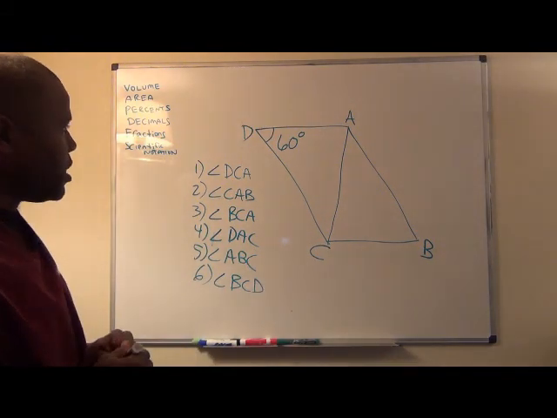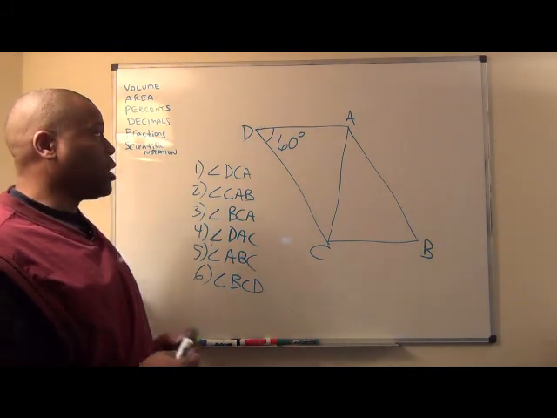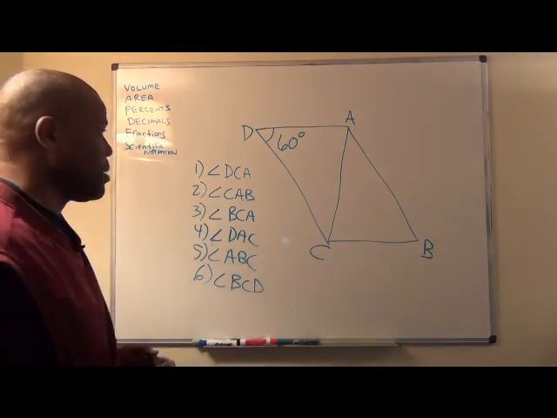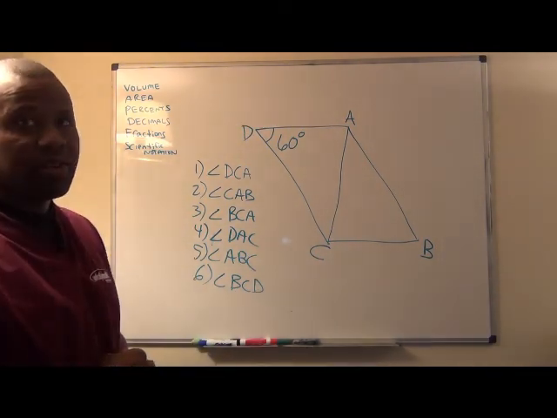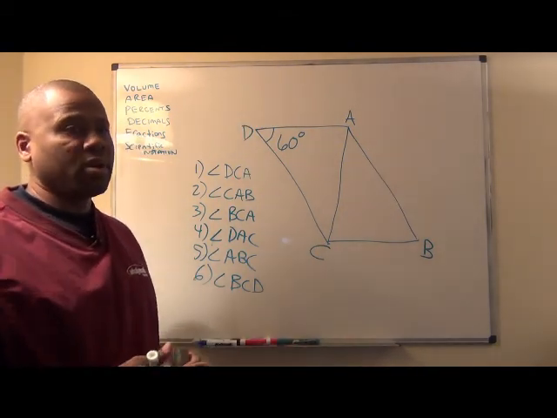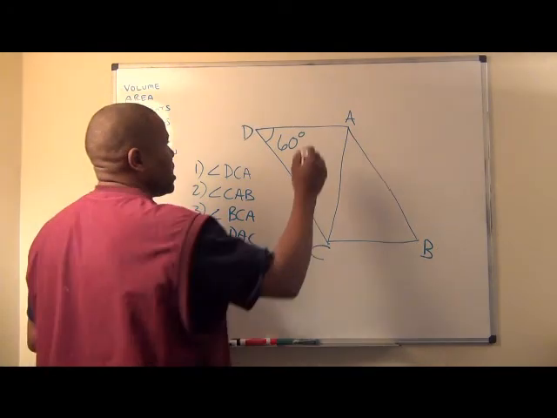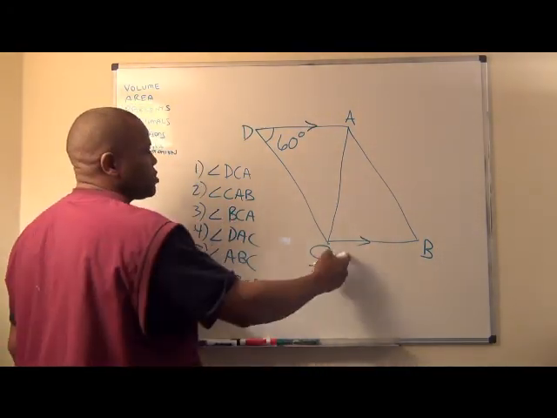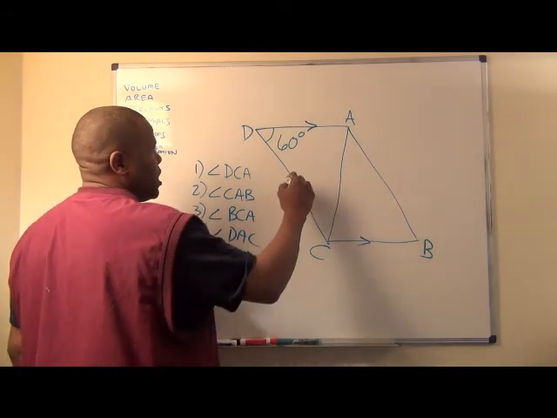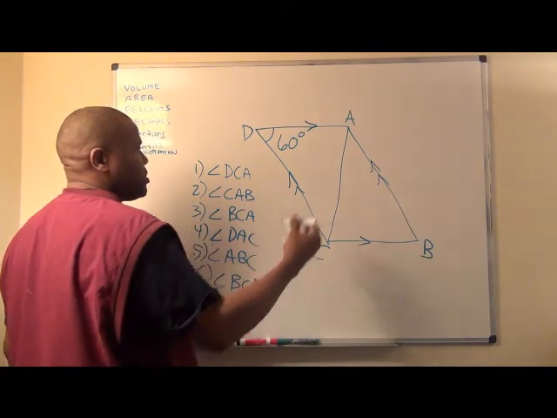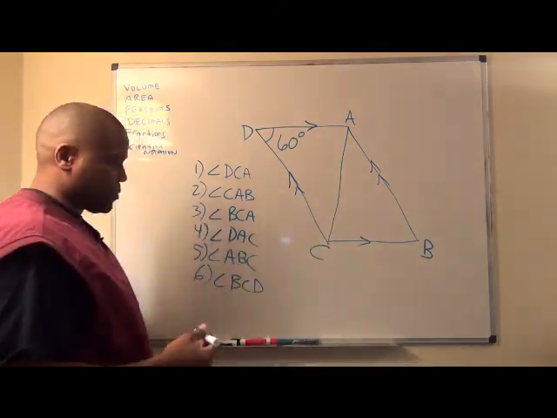Now, there's some information that we need to know. First of all, we know this is a parallelogram. If you understand the definition of a parallelogram, we know that it has two pairs of parallel sides. So those two lines are parallel to one another, and we have the second pair of parallel lines, which means these two lines are parallel to one another.